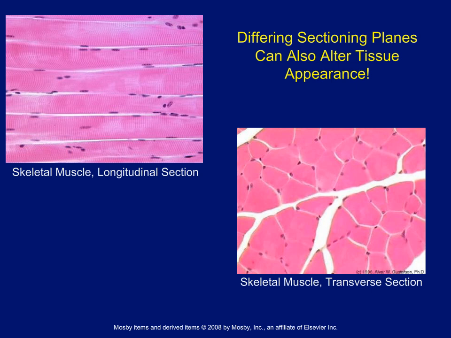In both of these sections we can see that there's a muscle cell and it's surrounded on the outside by these nuclei. So the message here is don't get freaked out if the sectioning plane of your slide is different than what you see in the textbook.